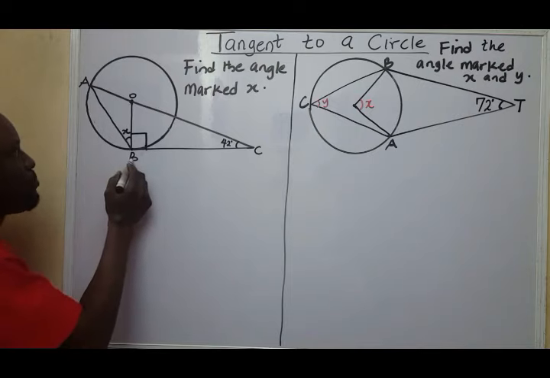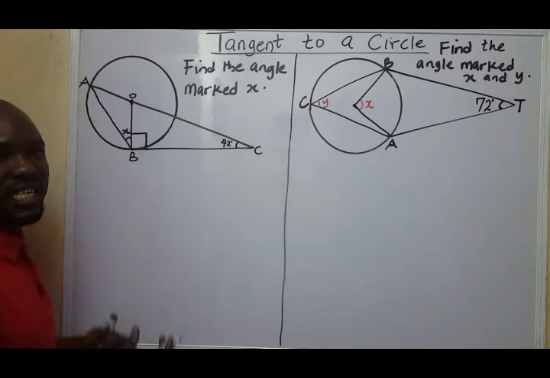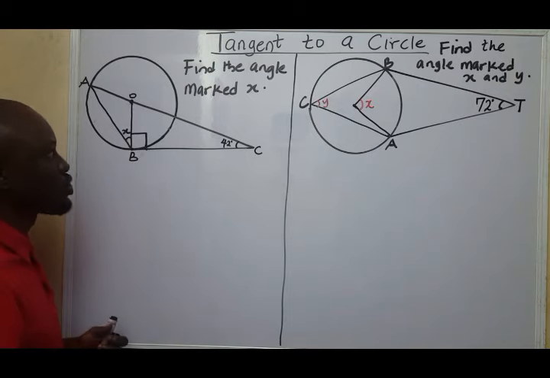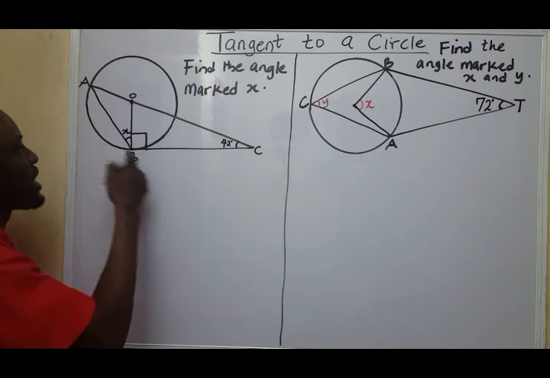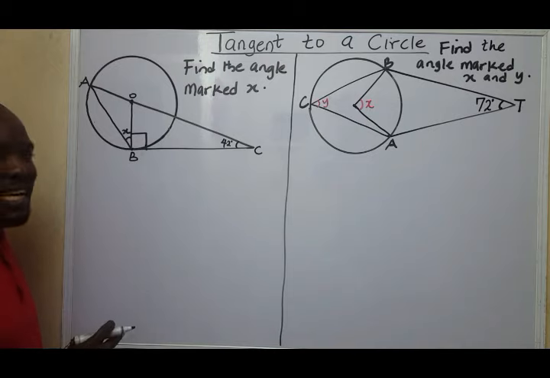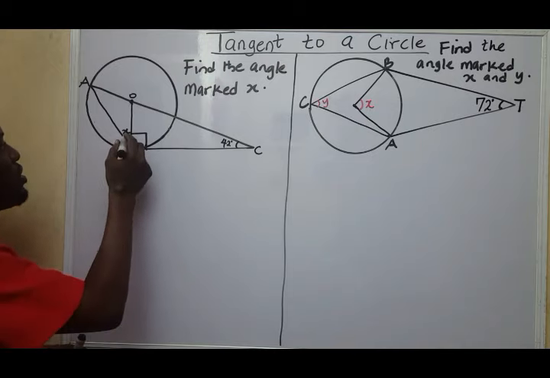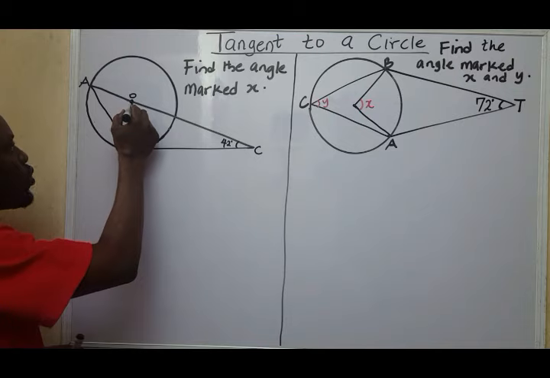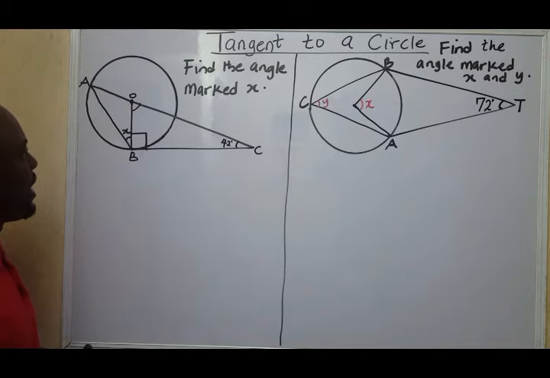So BOC is a right angle triangle. The question says we should find the angle marked X, so I need to know this angle first, and then see how to look for X.